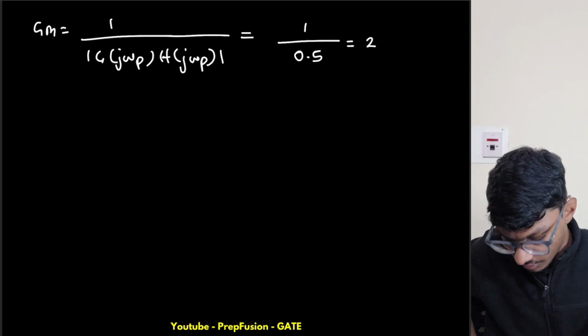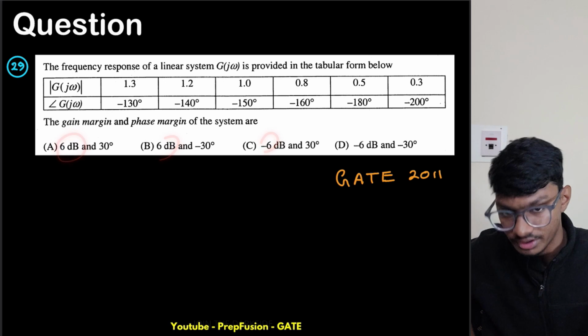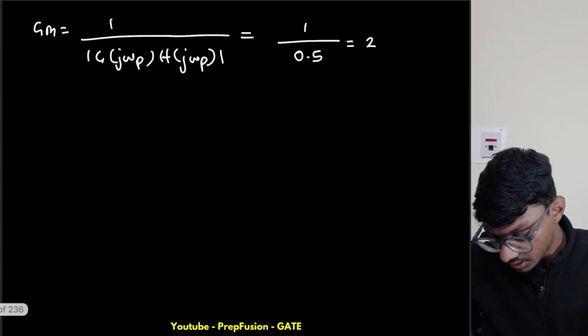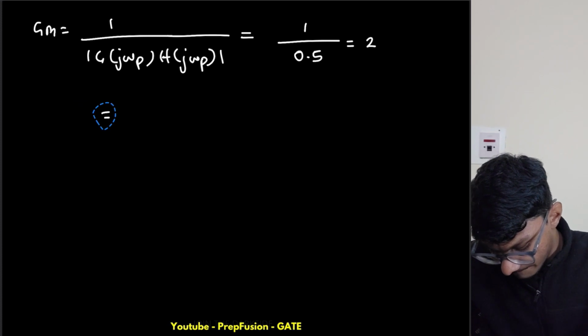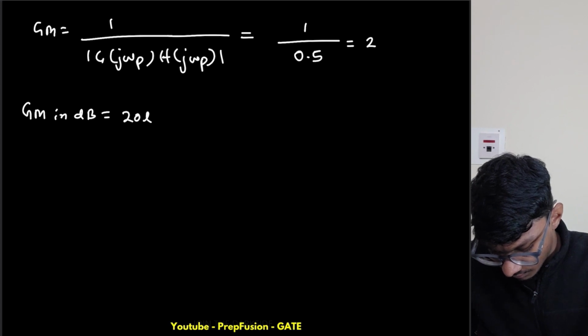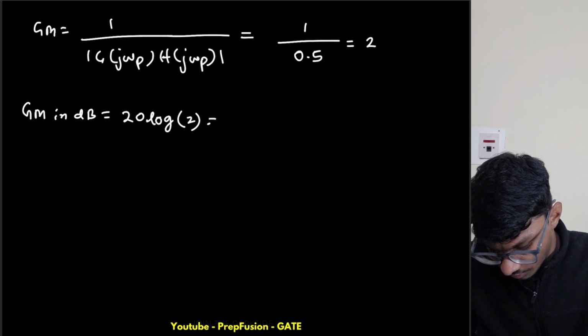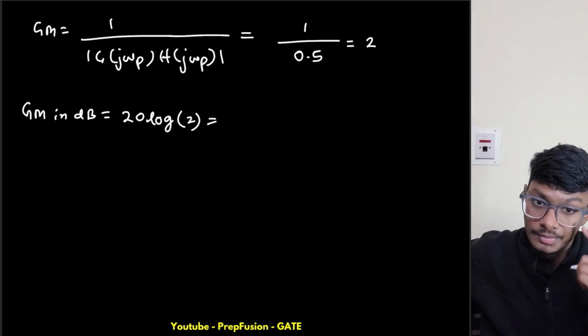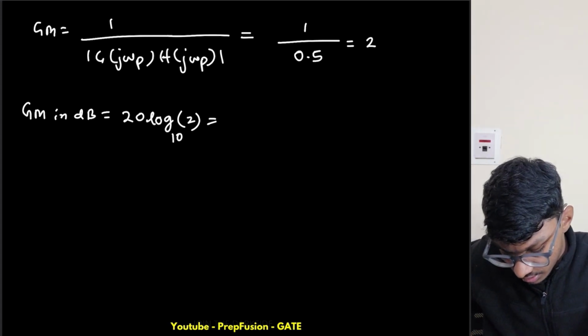Now you have to find it in dBs because the options are present in dBs, not in normal units. So gain margin in dBs is 20 log 2, and log base 10 of 2 is 0.3.